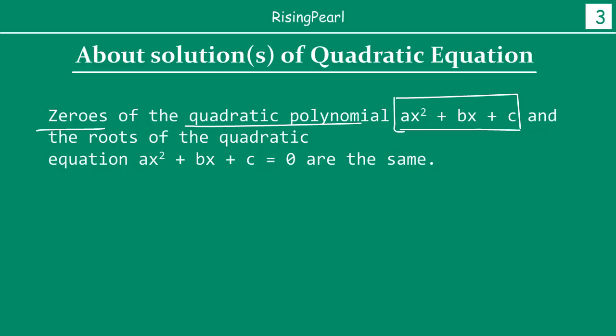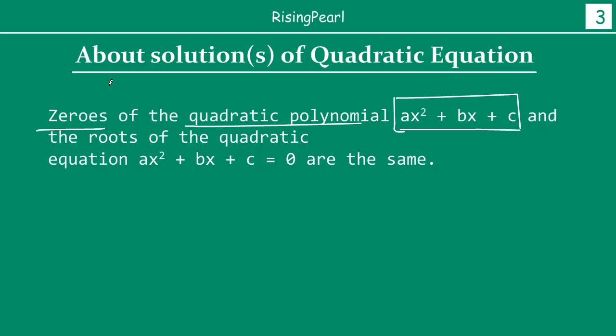If you recall, when we draw those graphs of a quadratic polynomial, wherever the graph cuts the x-axis, those are the zeros of the quadratic polynomial, right? And those zeros basically make the value of the polynomial 0, correct?